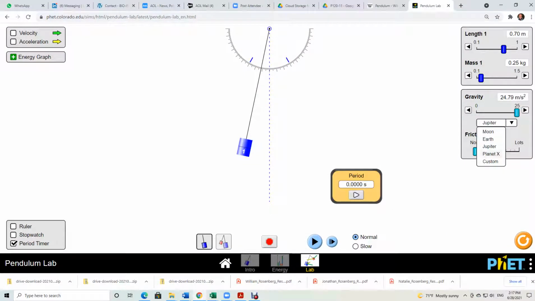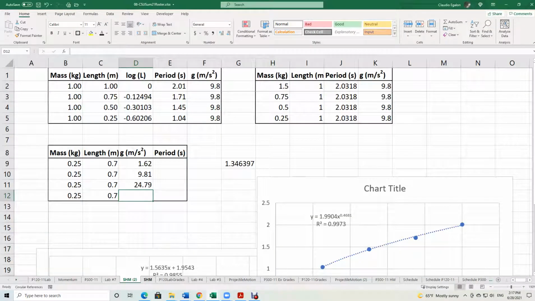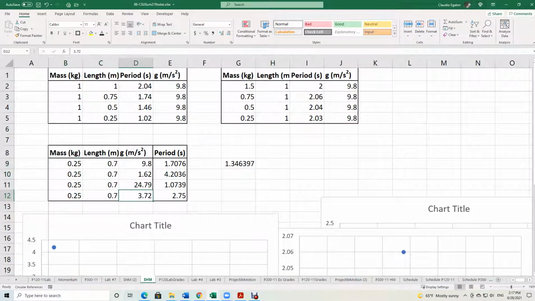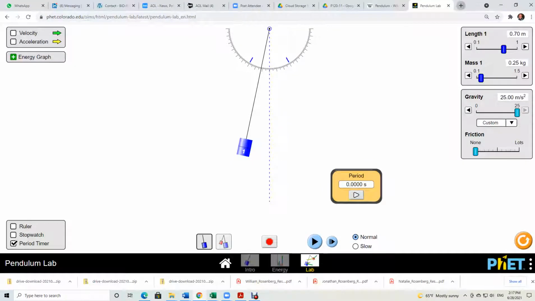We have this planet X, but we do not know which planet this one is, right? But we can use the custom. I prefer that we use the custom. And we adjust here what acceleration you want. Okay? In my case, I use this acceleration of gravity here, 3.72, which is the acceleration of gravity on the surface of Mars. Okay, so let's double check with the internet.